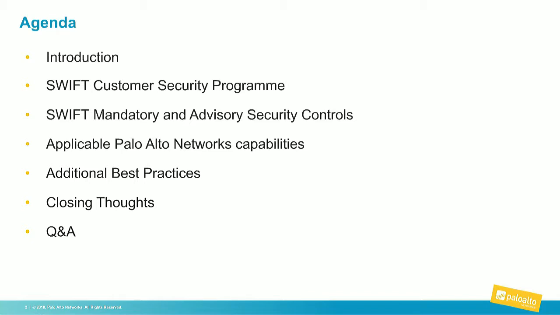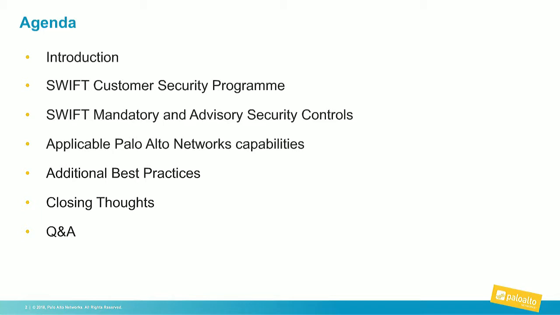But for today's agenda, we're going to walk through some of those breaches that occurred at SWIFT member institutions that ultimately led to the creation of this SWIFT customer security program, as well as the introduction of these mandatory and advisory security controls.